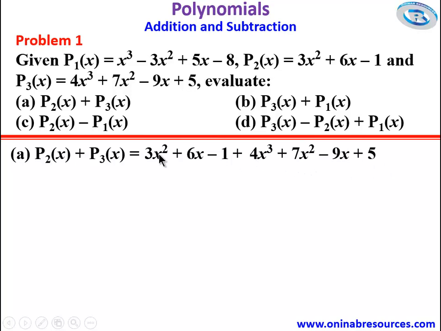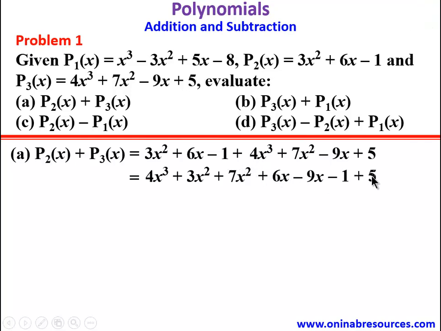So what we do here is collect the like terms, the terms with the same powers. There's only one term with power 3, so we have it as 6x raised to power 3. Then we go to the other terms with power 2. So we have 3x squared plus 7x squared, then plus 6x minus 9x, then minus 1 plus 5.